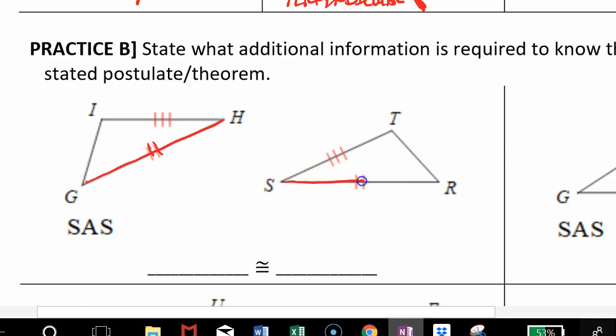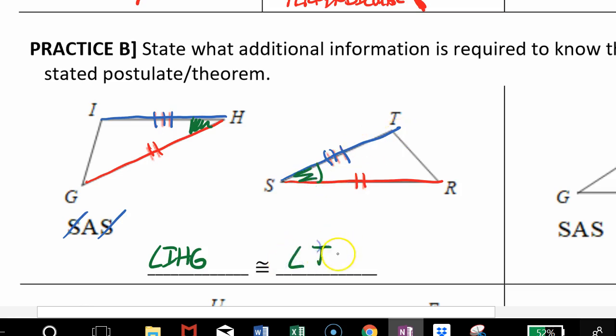I have side SR and side GH, and I have side IH and ST. So a quick little note, the only thing I need now is an angle, and specifically this angle needs to fall between my two sides. So here we're looking for angle IHG to be congruent to this angle, which is angle TSR.